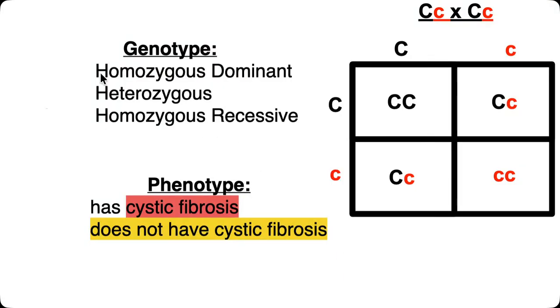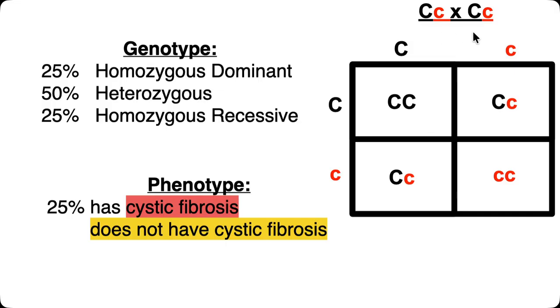So when we're doing our breakdown for our genotype, what percent of children are going to be homozygous dominant? That one child, so 25%. What are going to be heterozygous? These two children, 50%. And then what about homozygous recessive? Just this one child. So 25% chance that your kid has cystic fibrosis, even though you have no symptoms of cystic fibrosis.